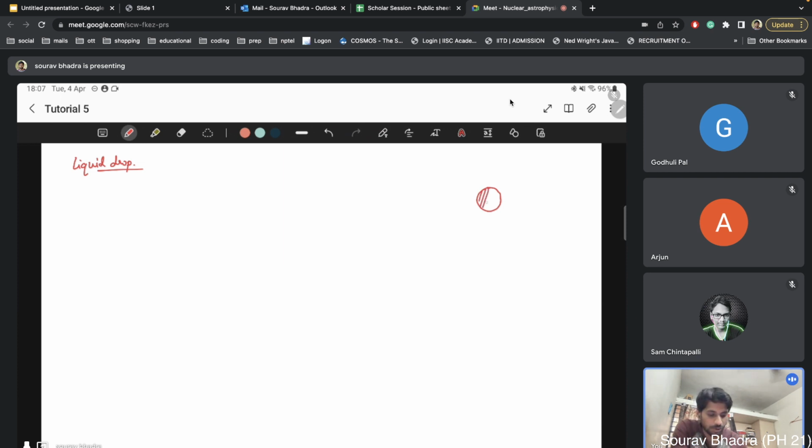This type of crude understanding, you can say, is a crude model of the nucleus.